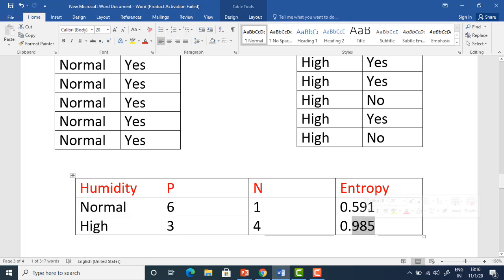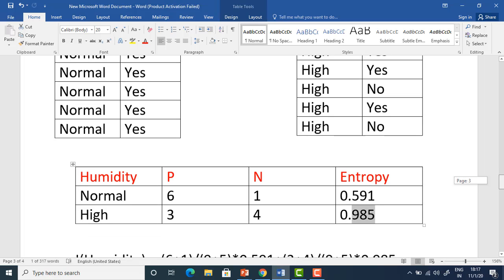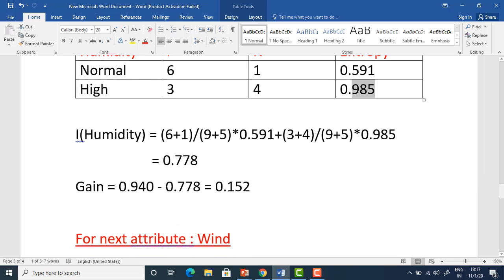After finding the entropy for these values, the second step is to calculate the average information entropy. The formula for calculating the average information entropy I have given in the earlier pages, in the same Word document. This one: 6 plus 1 divided by 14 into this entropy, plus 3 plus 4 divided by 14 into this entropy value.